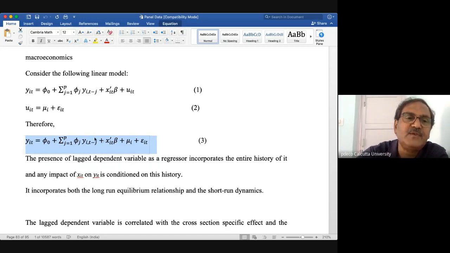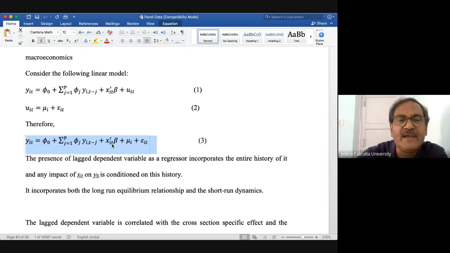In this specification, we have used an AR(p) process of Y. So what does it mean? What would be the implication of this model? This model simply says that the current value of Y in cross-section unit i, so if you consider Y denotes GDP, so GDP of country i in period t depends on the GDP of the past years as well as some determining factors of GDP.